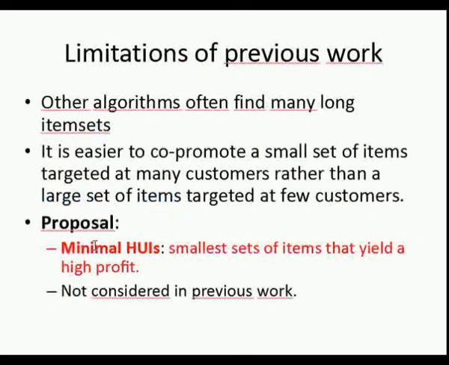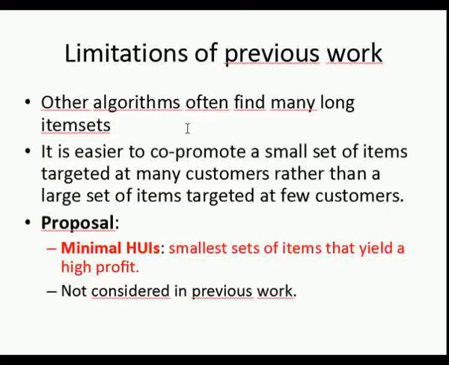Okay, so although there has been several work about finding some concise representation of high utility item sets, one problem is that often they will find many long item sets. So for example, if we find the maximal high utility item sets, we try to find the largest one, like A, B, C, D, E, F. So you can find an item set with 7 or 10 items, for example.